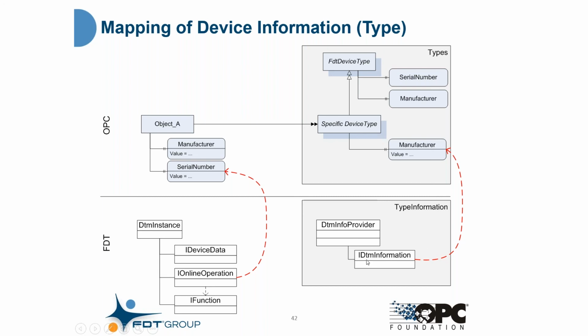And this information then is mapped into the type space in the OPC UA information model. Actually, if you look at OPC UA for devices, they also define that the serial number is provided here. And with FDT, we are able to retrieve the serial number only when we access the device online. So we defined the mapping for the serial number for the instance space in an online case.